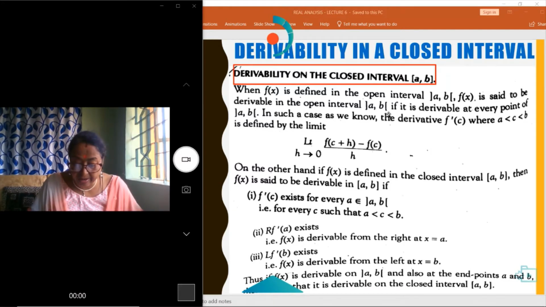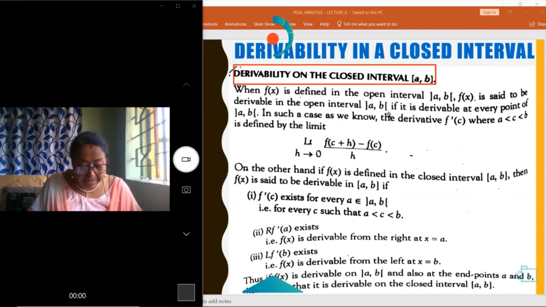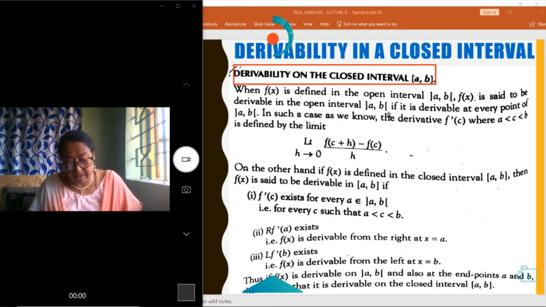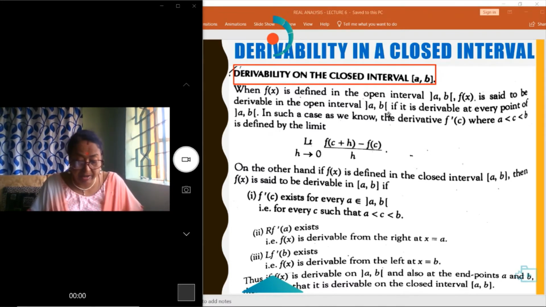Thus, if f(x) is derivable in the open interval and it is also derivable at the end points, that is a and b, then we say that it is derivable on the closed interval [a, b].